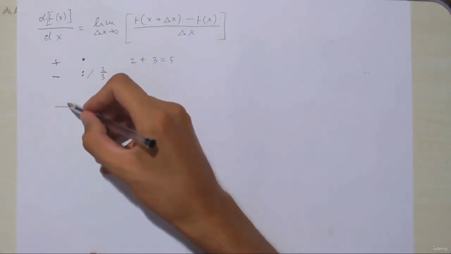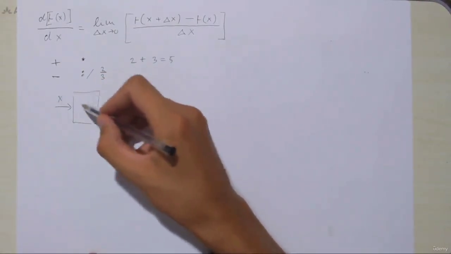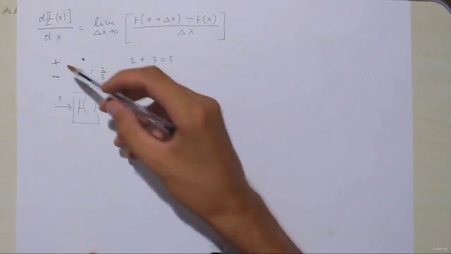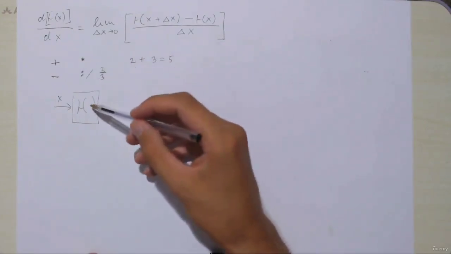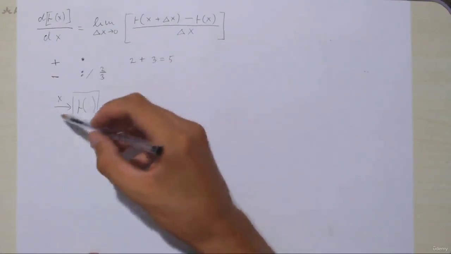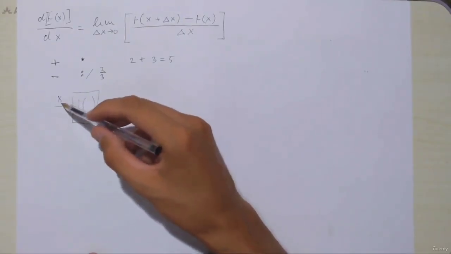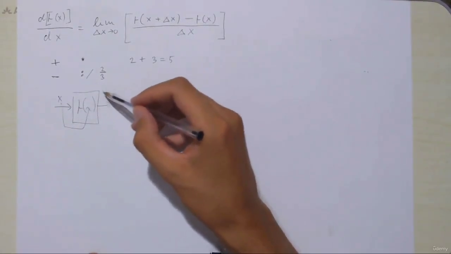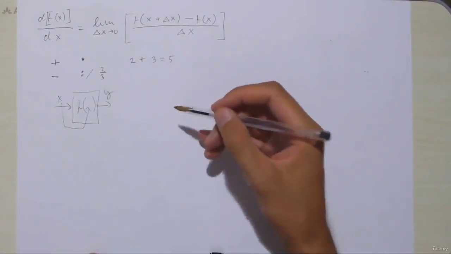We have some kind of input, let's say x, and then we have an operator, just like addition, subtraction. These are operators, and this can also be considered as an operator. And then you operate this on x, and then you put x inside, and you get some kind of output, which is y.